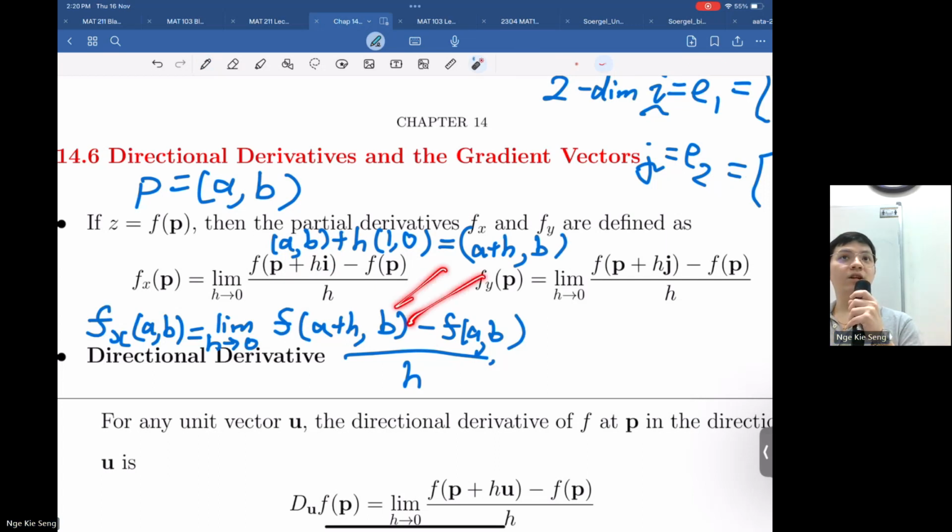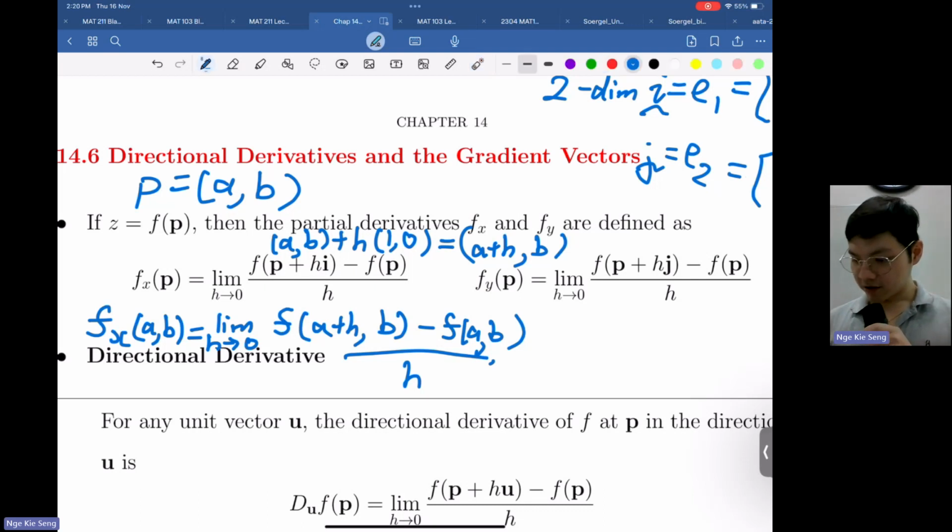Does it make sense? One difficult thing in this course is you need to swap between vector notation and the normal non-vector notation. The first one here is called the vector notation.